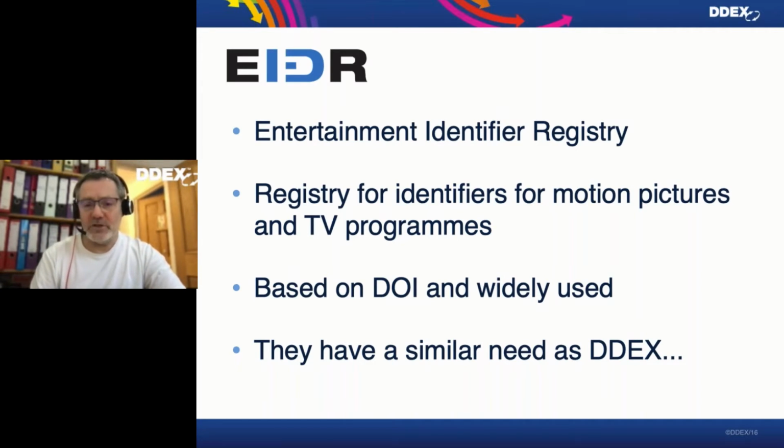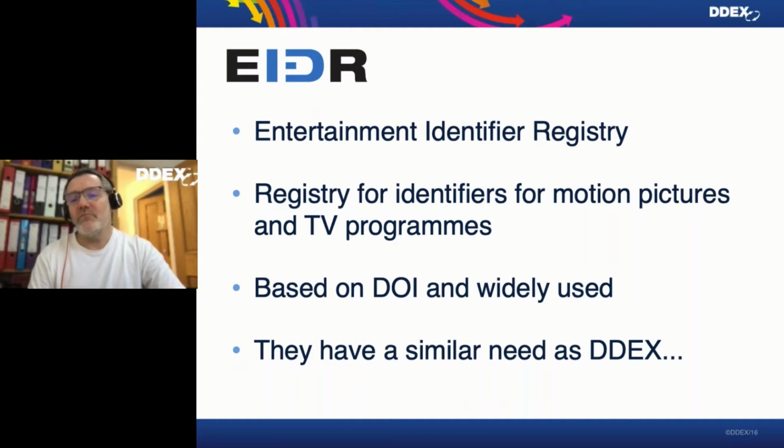It's based on the Digital Object Identifier System, an international standard for identifications, and does resolution and all of those fancy things that you need for a really good identification system. And as I said, they have a similar need as DDEX. Slightly different. DDEX is more interested in the creation of music.